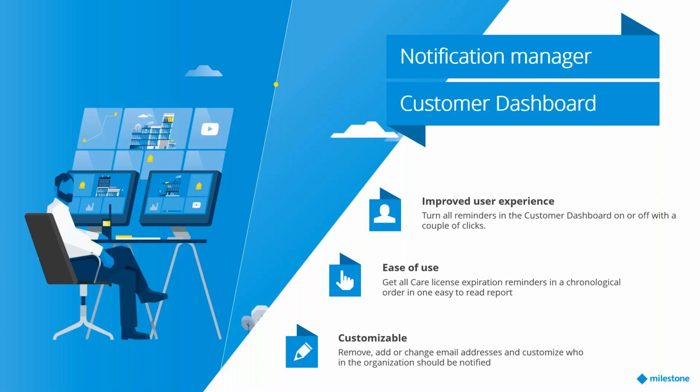For instance, you might have 10 different software license codes under your account, and you can configure different email addresses for the notifications for each one of them. You have the option to turn the notifications on and off. So there are lots of improvements in the user interface and in how you can use the customer dashboard for all those notifications for your accounts.